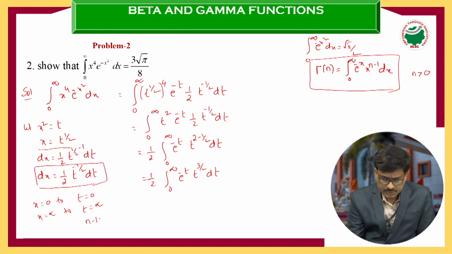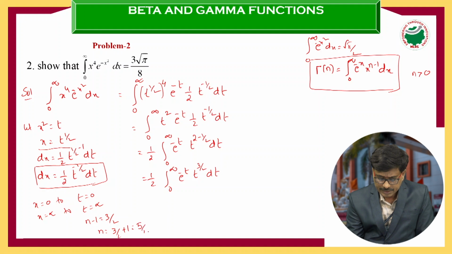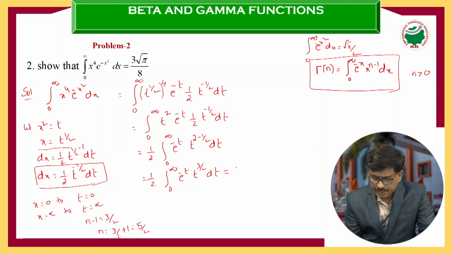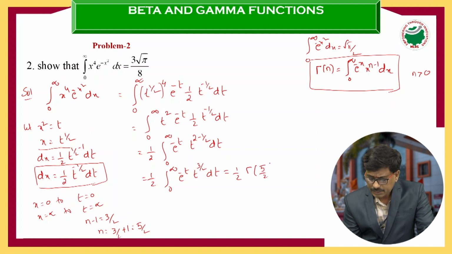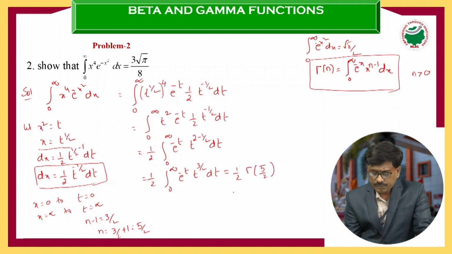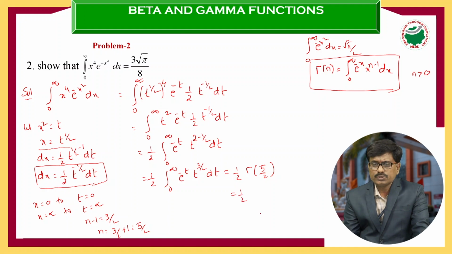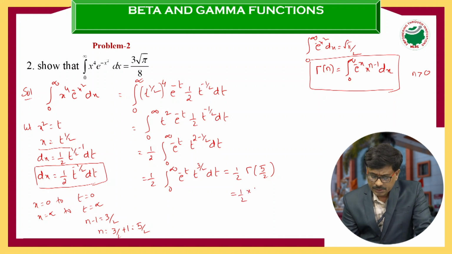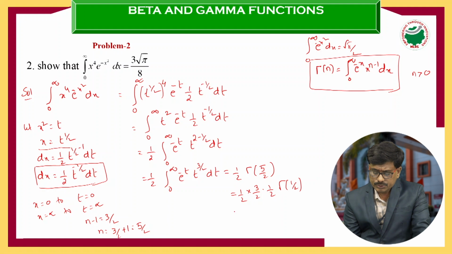Therefore, n minus 1 is equal to 3 by 2, n equal to 3 by 2 plus 1, therefore n equal to 5 by 2. This whole integral becomes 1 by 2 into gamma of 5 by 2. Therefore, 1 by 2 into, how do we calculate gamma of 5 by 2? Root 3 by 2 into 1 by 2 gamma of 1 by 2.